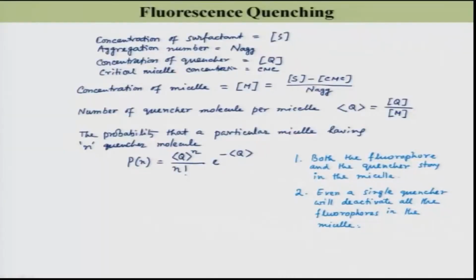I will create the condition that way, and there is very little chance that a micelle has more than one fluorophore but only one quencher. That condition I will not let come, right. So, in this case both assumptions will be satisfied. If so, then let us see what will happen.